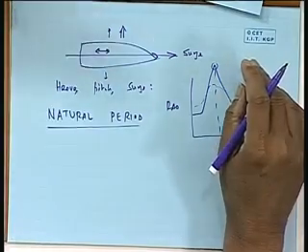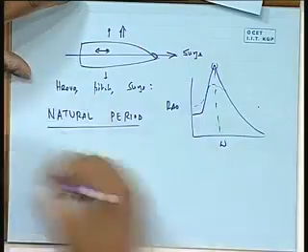Supposing a ship has a natural heave period of 10 seconds, then if the encounter period of that wave is 10 seconds, it is going to heave very badly. So, supposing a spectrum has a large number of waves of 10-second period, then it is going to heave very badly. So, what is natural period?